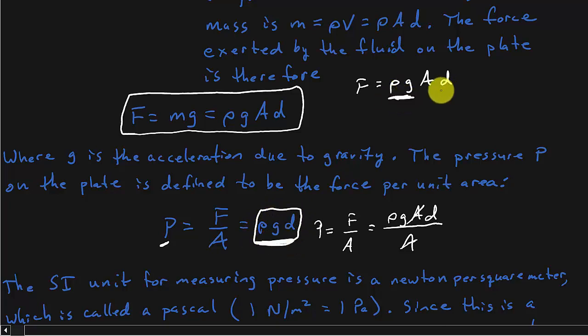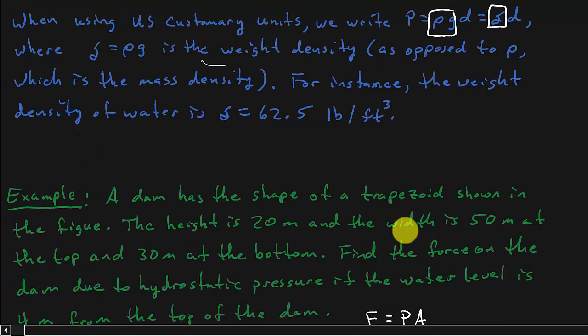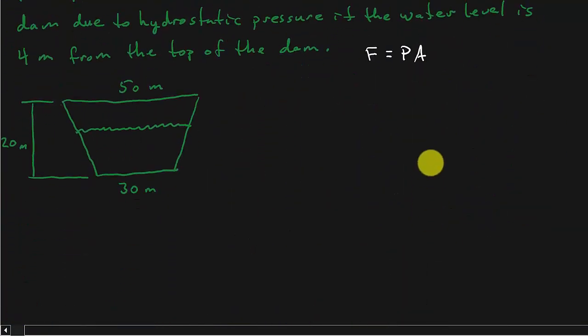See, there's rho times g times d. This right here is pressure times the area. That's your force. That's what you're looking for. So let's see how we can find that. We need the pressure and we need the area.